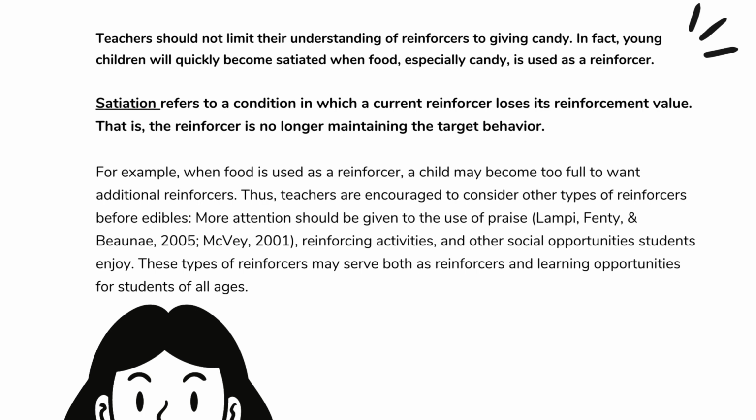For example, when food is used as a reinforcer, a child may become too full to want additional reinforcers like objects or activity reinforcers. That's why it is encouraged to consider other types of reinforcers before edibles.